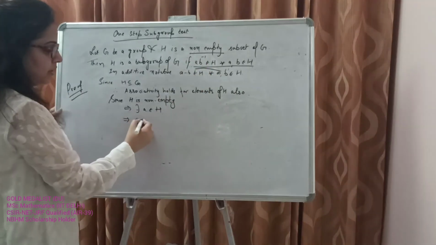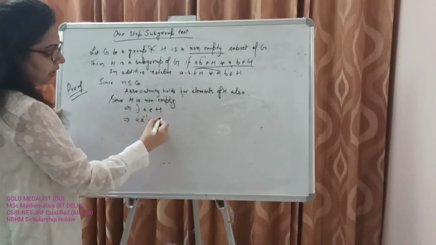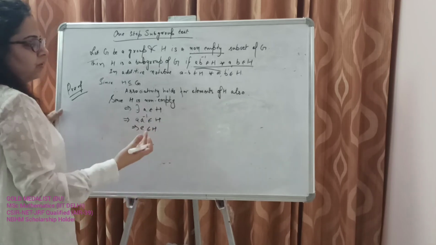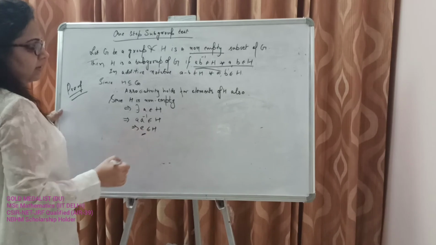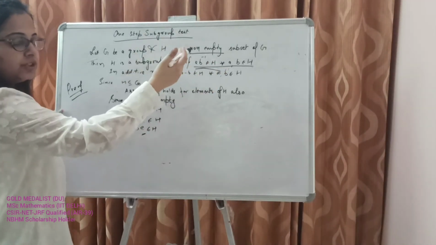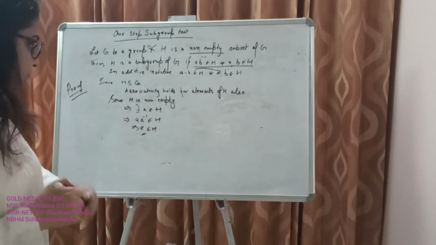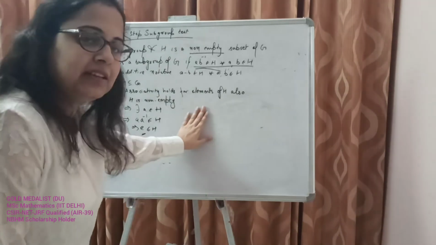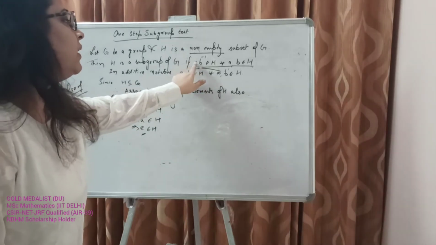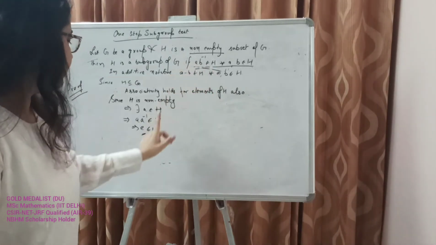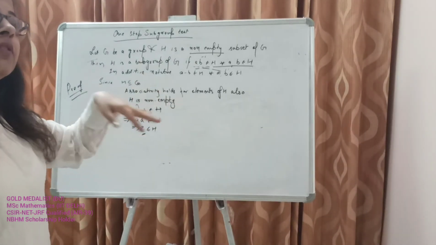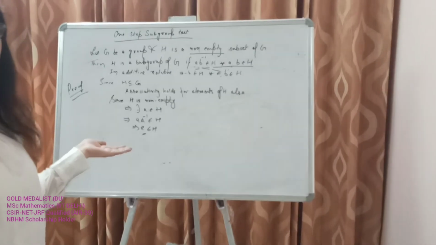That means a a inverse belongs to H, which implies e belongs to H, and we already know that e is the identity of G. This identity element is coming from G. I applied b equals a here, and a into a inverse belongs to H, which implies e belongs to H. Hence the identity of the group also belongs to the subgroup.